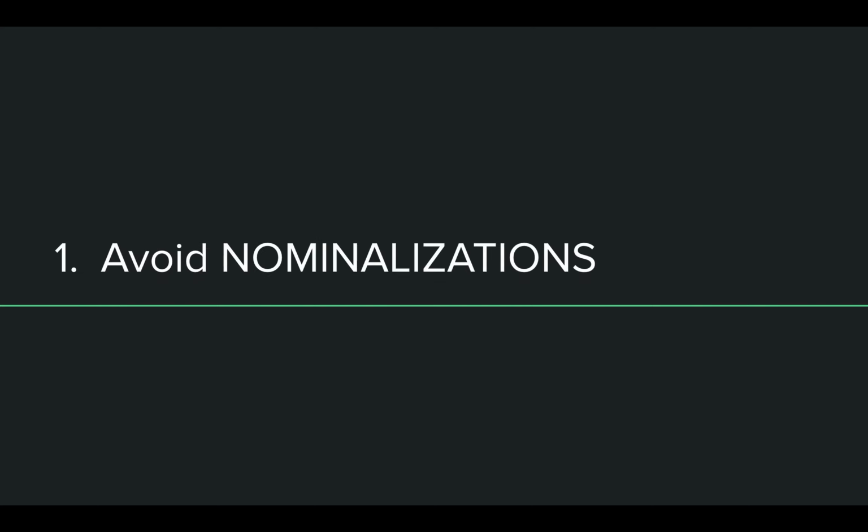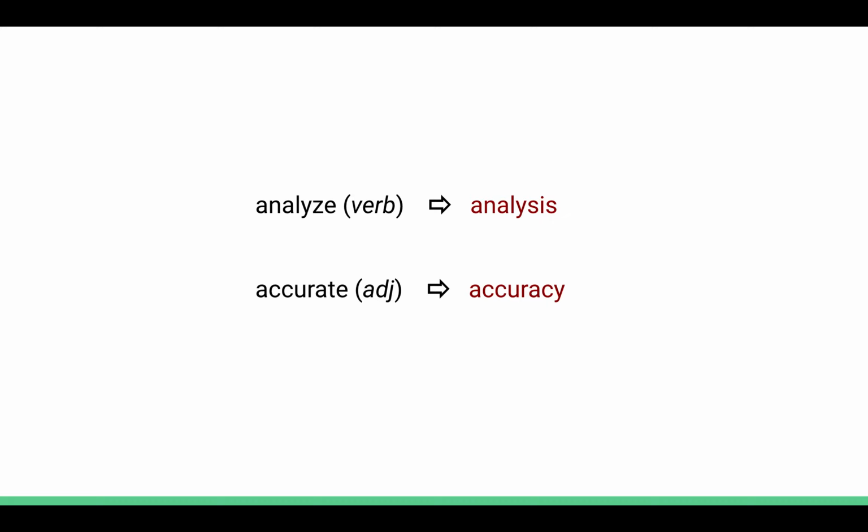Okay. Number 1 is something we've learned about already. We spent a couple of weeks on this. So I'm starting with this one so that we can dispense with it quickly, and that is to avoid nominalization. So just as a quick refresher, what's a nominalization? Well, the word itself literally means turning something into a noun.